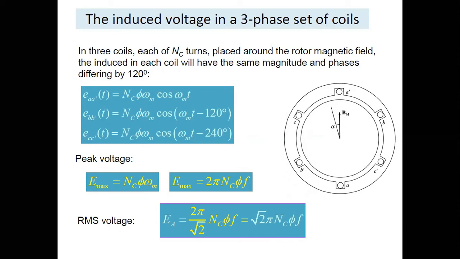In this, the peak voltage is given by E_max equals N_C phi omega_M, and in another way we can have E_max equals 2 pi N_C phi F. The RMS voltage E_A equals 2 pi by root 2 N_C phi F, which equals root 2 pi N_C phi F. So the induced EMF depends on the flux in the air gap, which is the resultant of rotor flux and stator flux, and on the frequency.